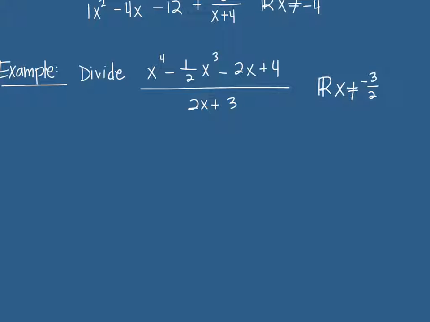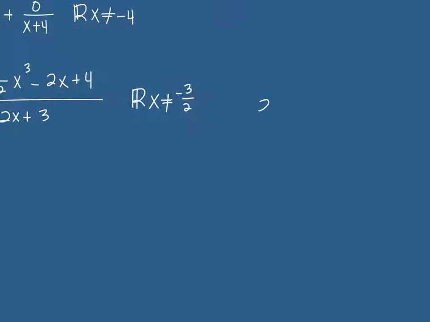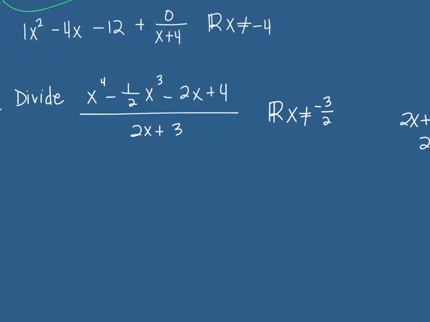Okay, negative 3/2 has to be excluded from that. Right, we need a negative number. If you're not sure about how to do that, trust the math. Take 2x plus 3 and set it not equal to 0. Minus 3 to both sides. And divide by 2. And then you'll have it. So if you're not sure, check the math on that.